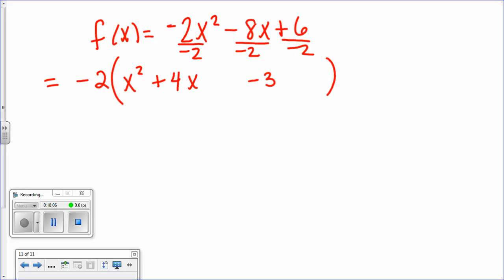Alright. Follow your steps. What's half of b? 2, and 2 squared is 4. So let's add 4. If I just added 4 right here, I need to subtract it over here.